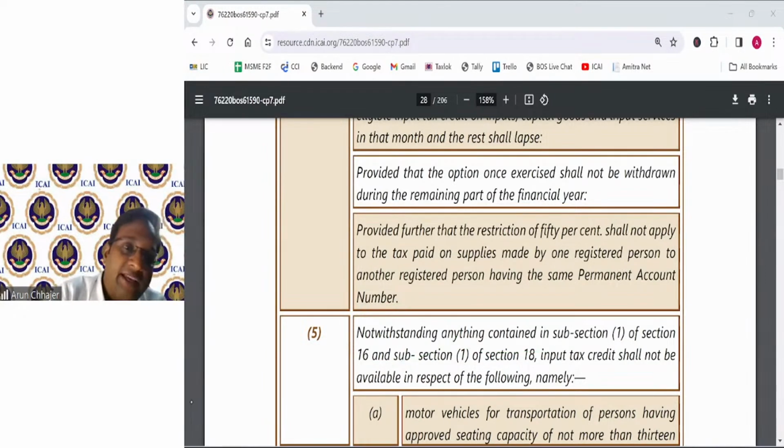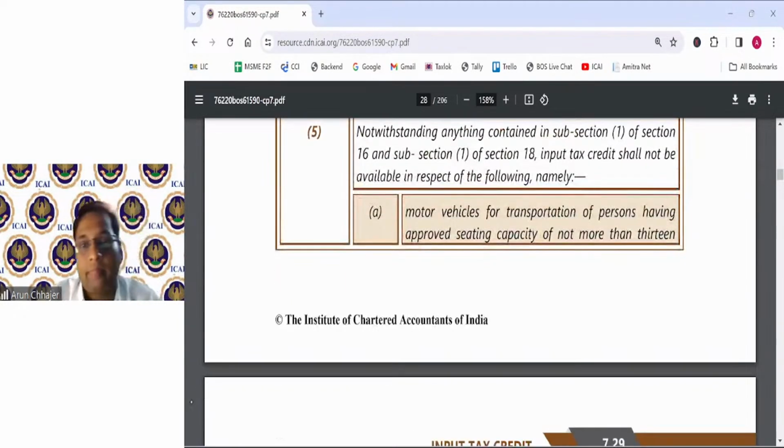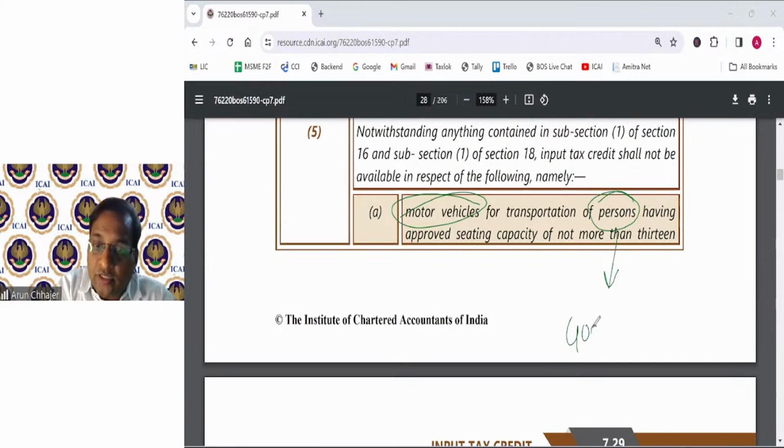In 17.5, they are saying first item, motor vehicle. Which motor vehicle? All motor vehicles? No, sir. The motor vehicle which is used for transportation of persons. If the vehicle is for transportation of goods, then is ITC allowed or not?